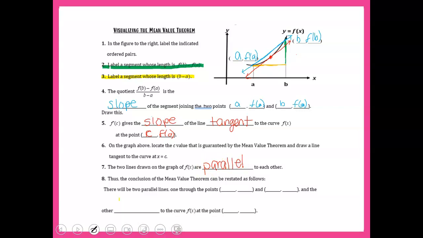Thus, the conclusion of the mean value theorem can be restated as there will be two parallel lines, one through the blue points and the other through the red point.